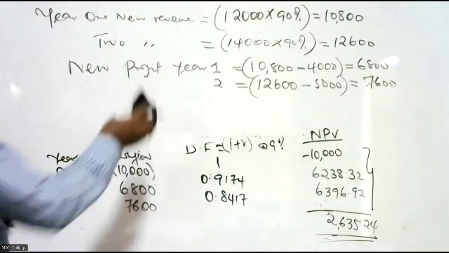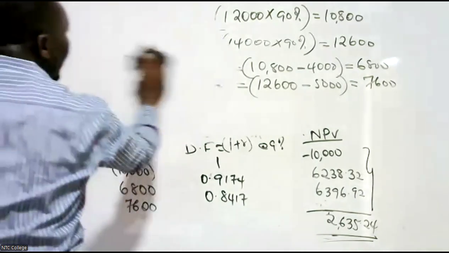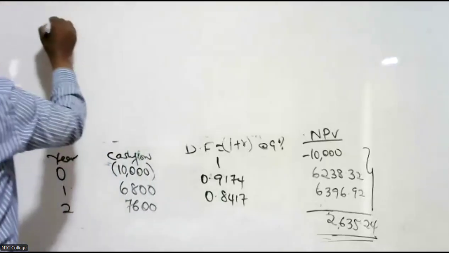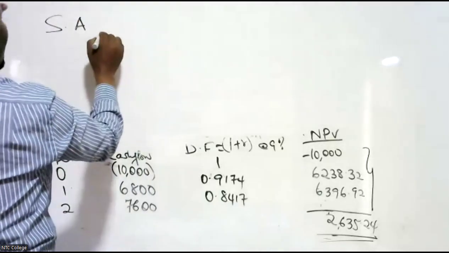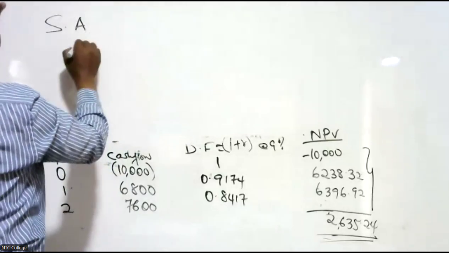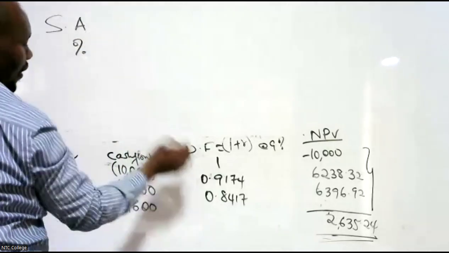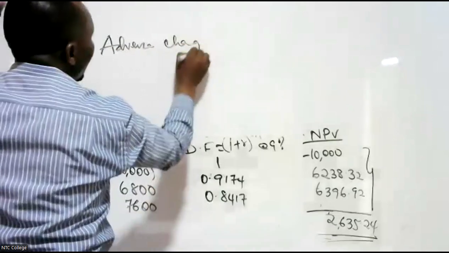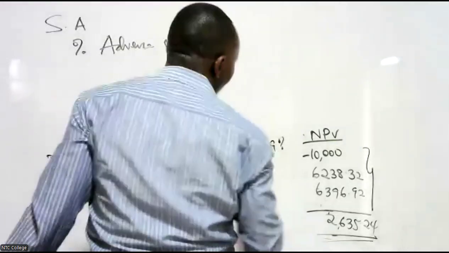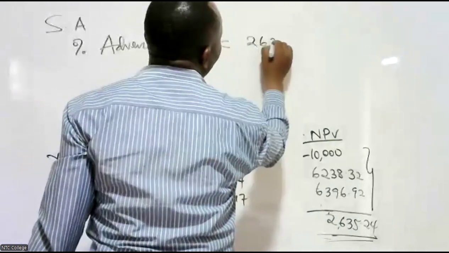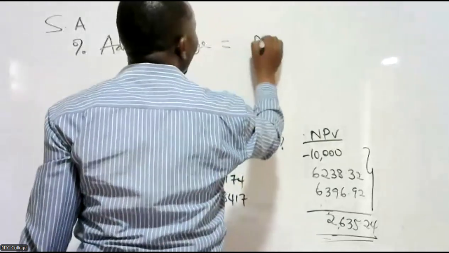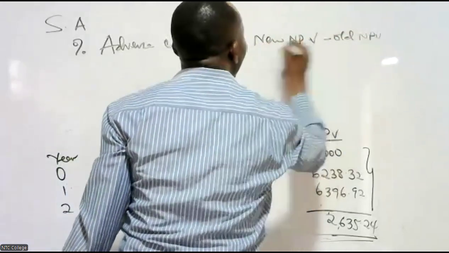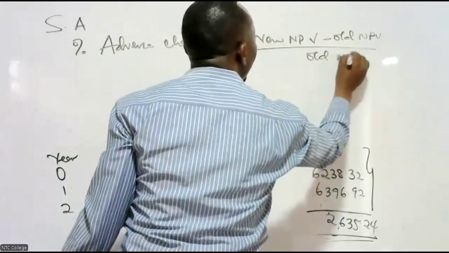Now we can calculate our sensitivity analysis. How sensitive is it? By what percentage does the NPV change? So sensitivity analysis, we look at adverse change. This is adverse because it has gone down, so adverse change or variance is equal to new NPV minus old NPV.